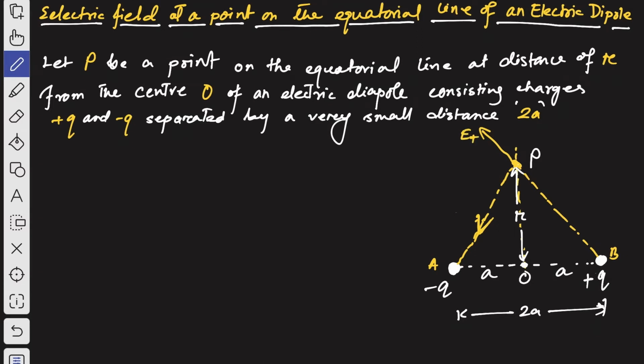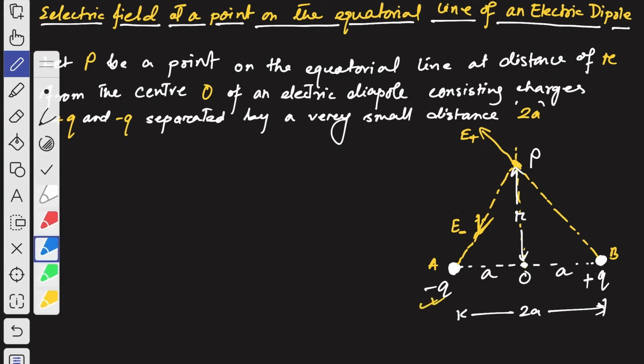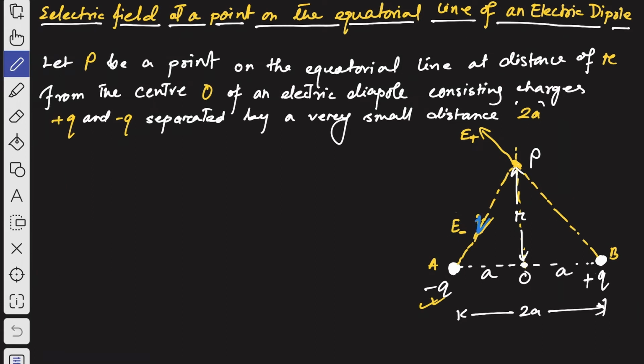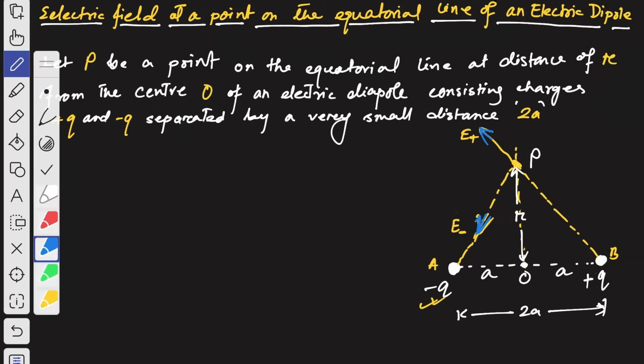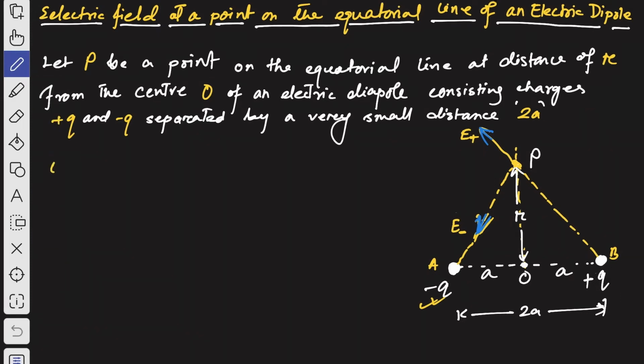So here is the direction of field due to positive q charge, and the direction of electric field here is E minus. E minus is due to the negative q charge, directed towards negative q, right? We have considered it that way.